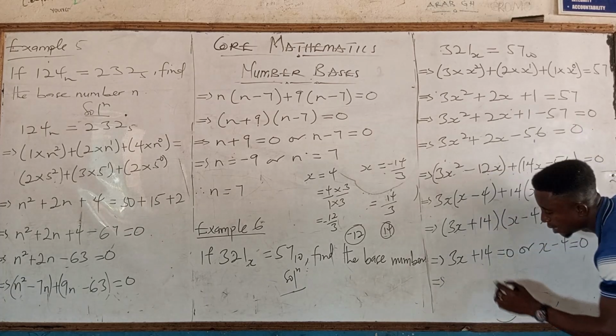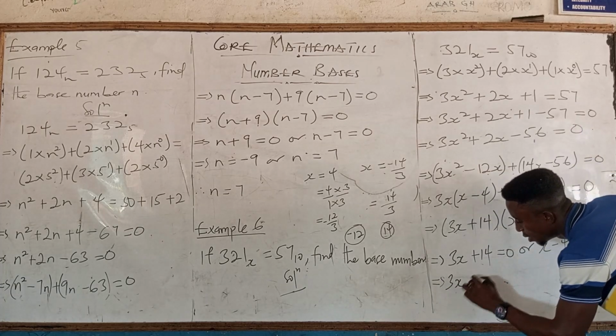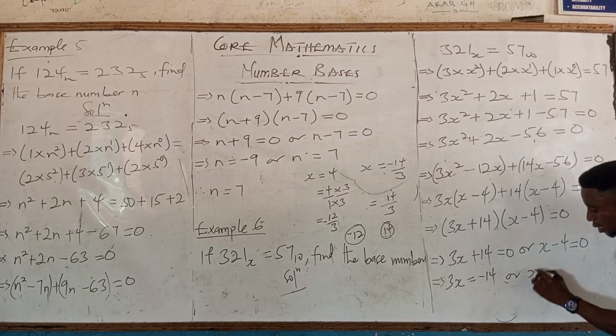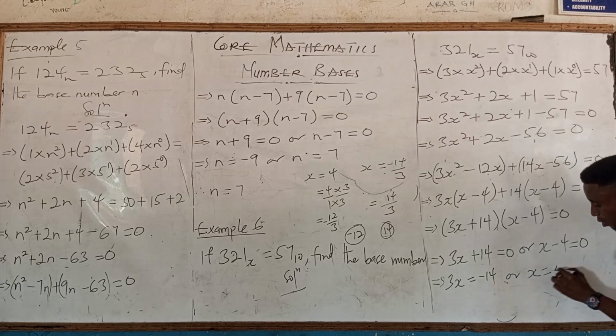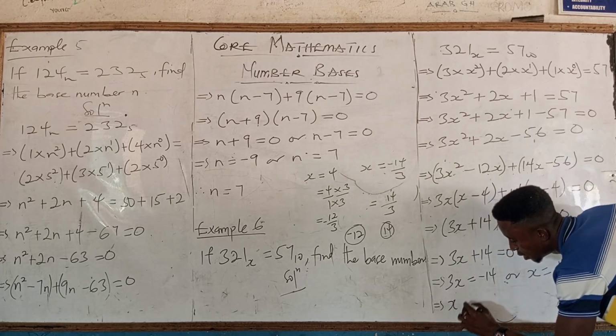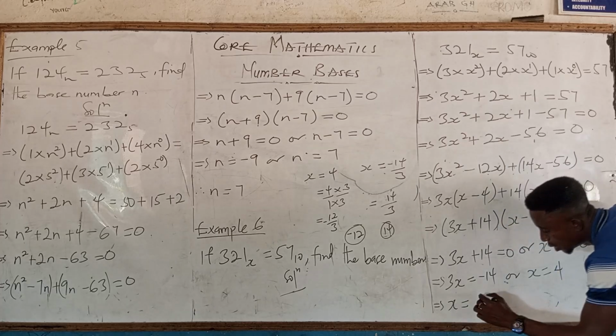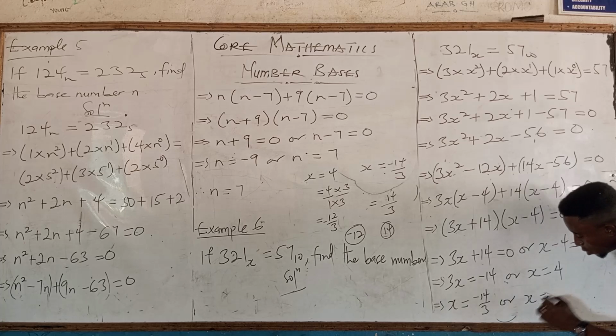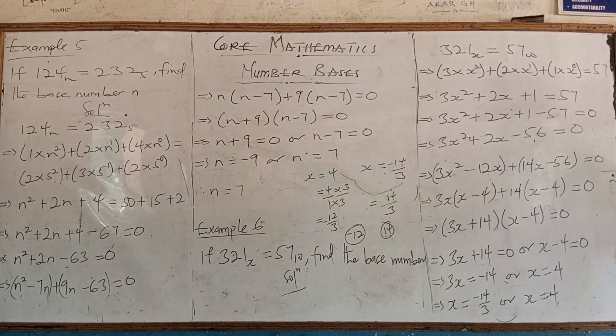And this one will now get us 3x is equal to negative 14, or x is equal to positive 4. Then finally we have x is equal to negative 14 on 3, or x is equal to 4. So therefore x is equal to 4.